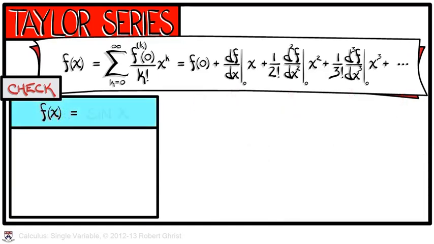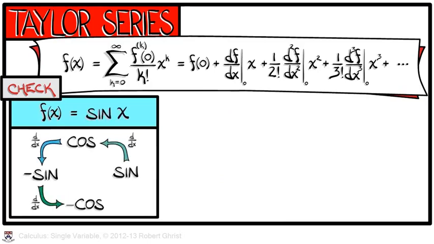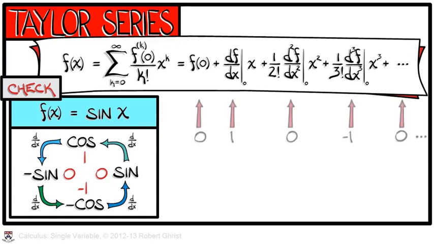Let's continue. Let's look at another function for which we know a series expression, that of sine of x. Recall how the derivative of sine goes. That gives you cosine. The derivative of cosine is minus sine. The derivative of minus sine is minus cosine, and then the derivative of minus cosine is sine. Once again, evaluating all of these at an input of 0 gives us alternating forms of 0 and non-zero terms, with the non-zero terms having alternating signs.